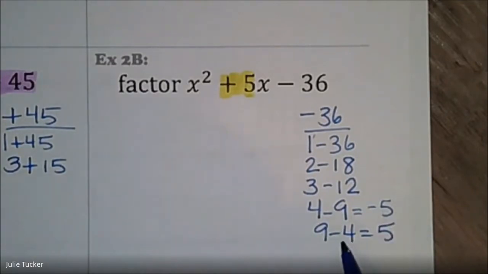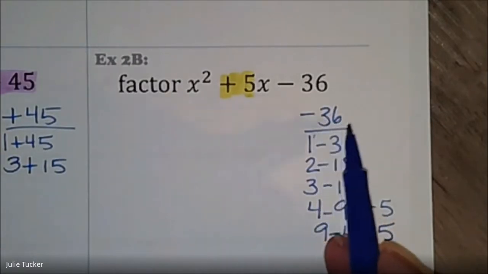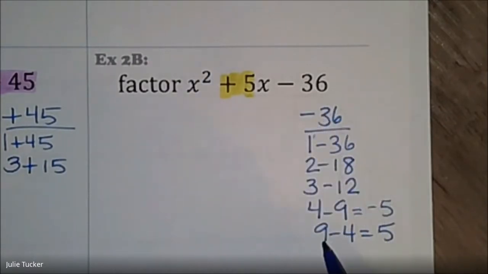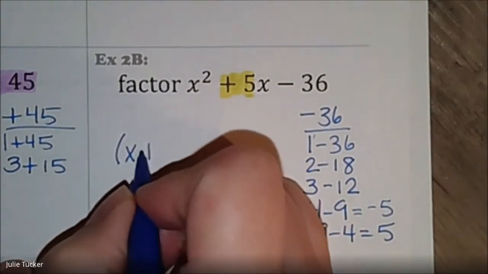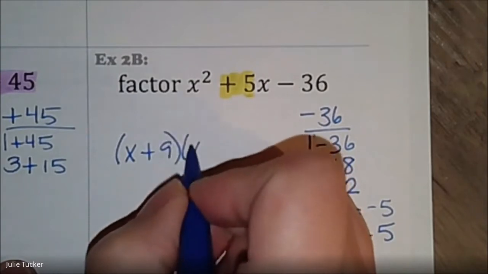So let me just check this now. 9 times -4 would give me -36. And 9 plus -4 gives me +5. So my two numbers are 9 and -4. So I make my factors with +9, -4.